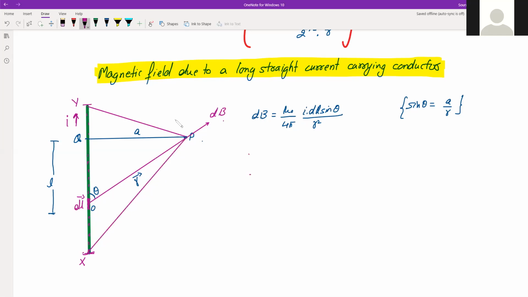So when we move from x to y, even this angle will change. Which angle? This particular angle, the angle phi, will change.